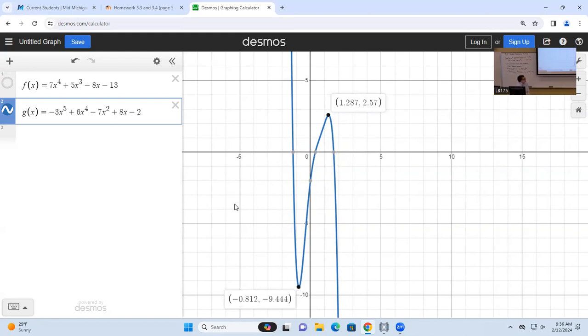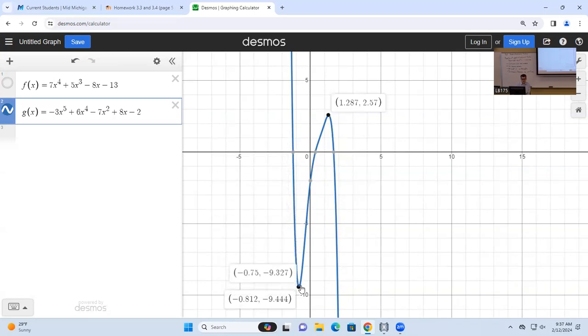A turning point is where my function goes from decreasing to increasing or from increasing to decreasing. So as you see, at this point, if I am to the left of that point, my function is decreasing.